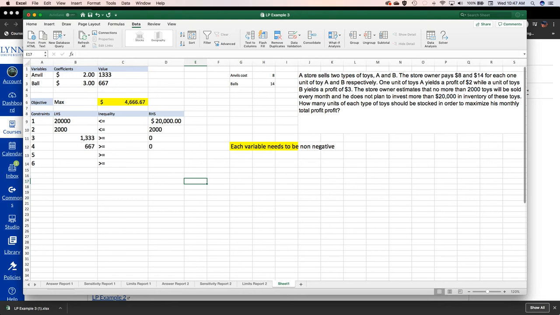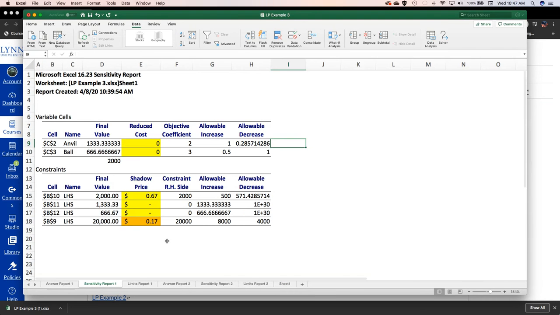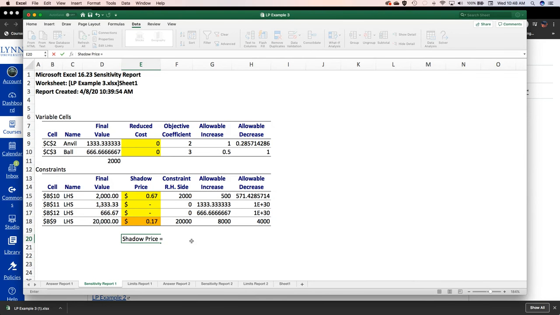Okay. So George asked, what is the shadow price again? So let's come over here and take a look at that. The shadow price is your marginal utility, George. Shadow price is what you would be willing to pay for one more unit, right? So shadow price equals marginal utility.